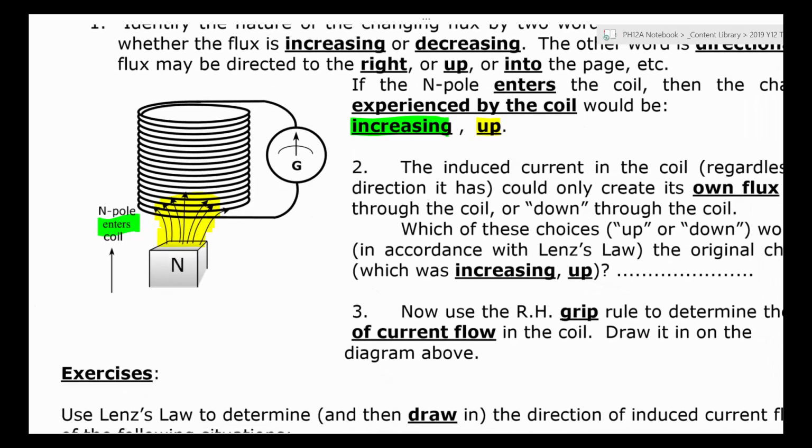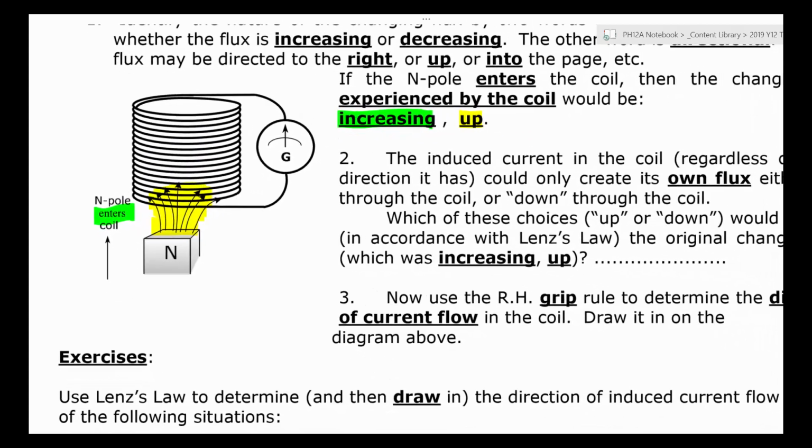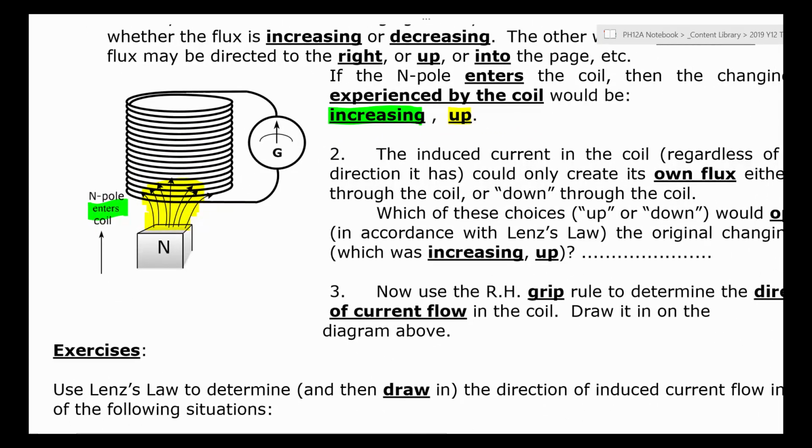Step number 2 is to think about what the induced current is going to do in the coil to try to resist the change. So you need to imagine this now. Previously, let's imagine the extreme case, there was no magnet. All of a sudden, there's this magnet that's zooming in, and I've got an increasing up flux. So what's the coil going to try to do? Well, it's going to try to resist it.